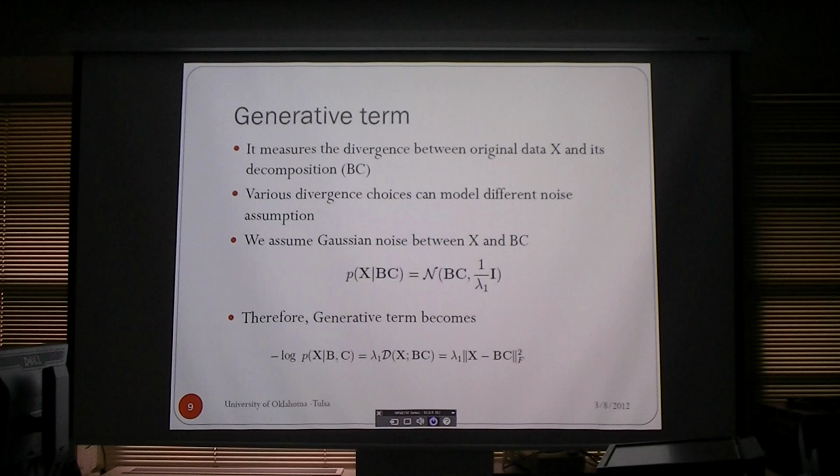For example, here we assume Gaussian noise between X and BC, and we can use the Frobenius norm of X minus BC. If we have a different type of noise, for example Poisson noise, we can use a different generative term, for example the KL divergence between X and BC.